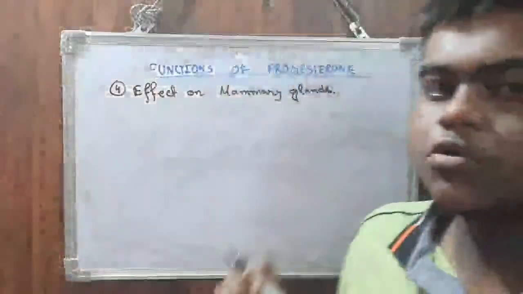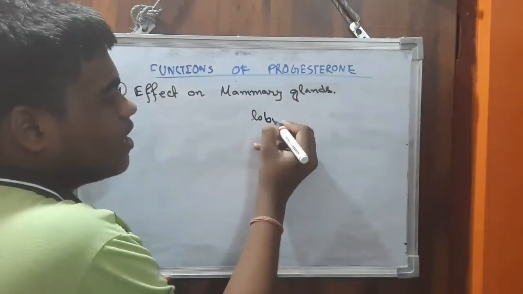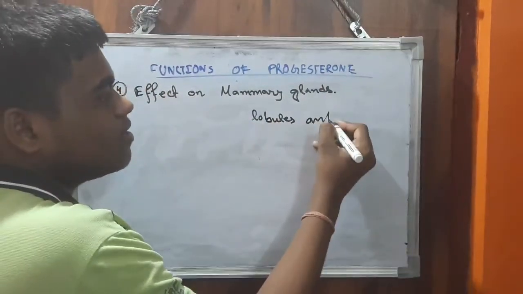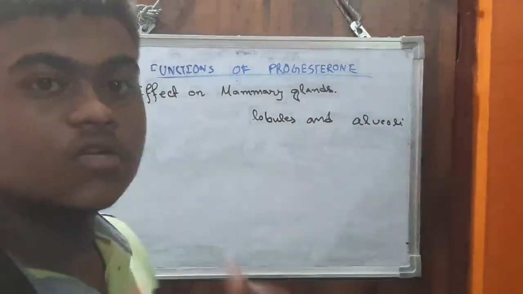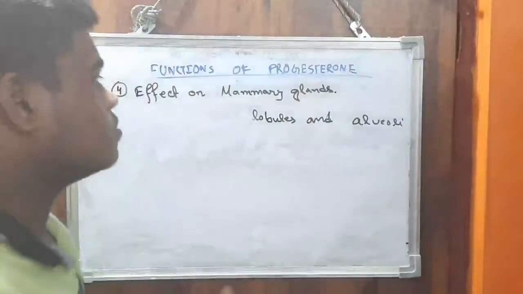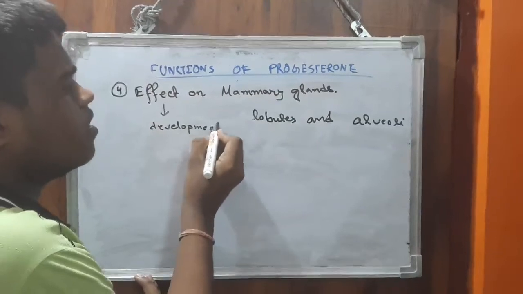Progesterone hormone promotes the development of lobules and alveoli of which gland? Mammary glands. So it helps for the development. By which process?